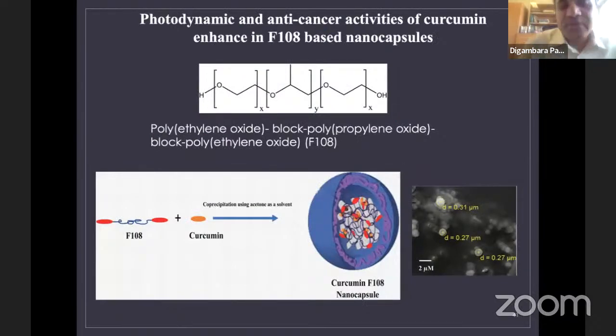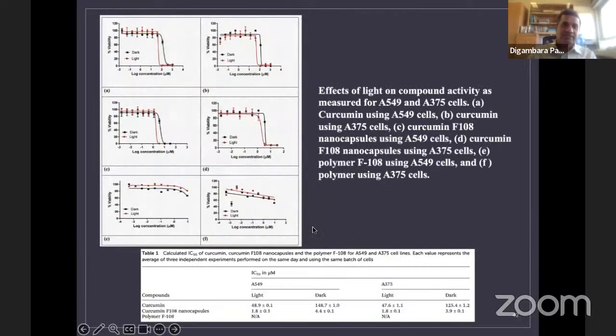Then we also did some polymer-based curcumin nanoparticles for photodynamic therapy, especially for anti-cancer activity. So we use this kind of polymers to prepare curcumin-encapsulated nanoparticles, and here is the data. So as you see, the IC50, most of you know, maybe for chemists, is the minimum concentration you need to kill 50% of the cells.